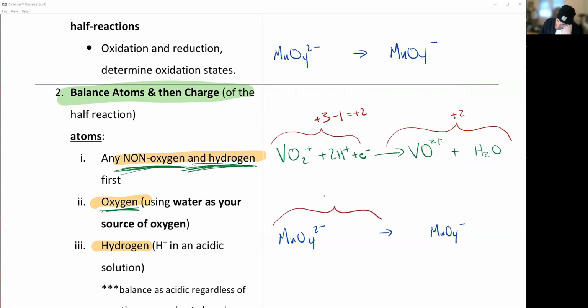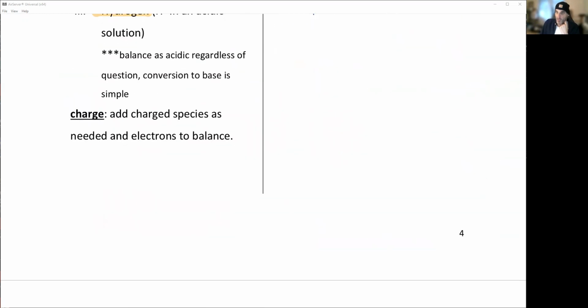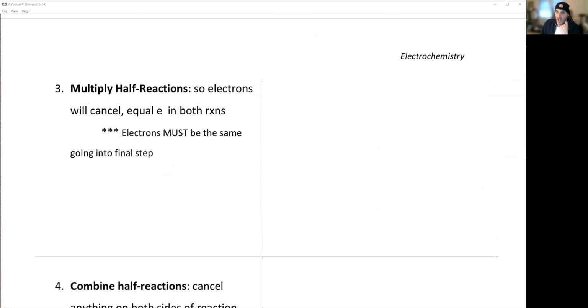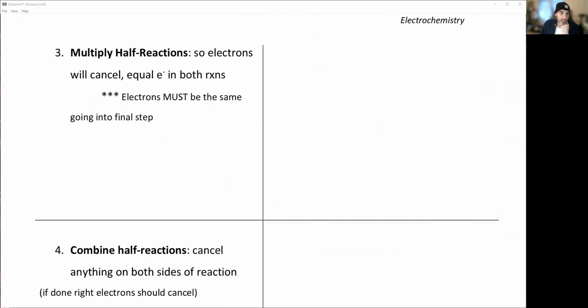So this side is -2. This side is -1. I need 1 less charge on that side to get down to -2. That means I'm actually going to add 1 electron on that side. Good. So we now have our balanced reactions.